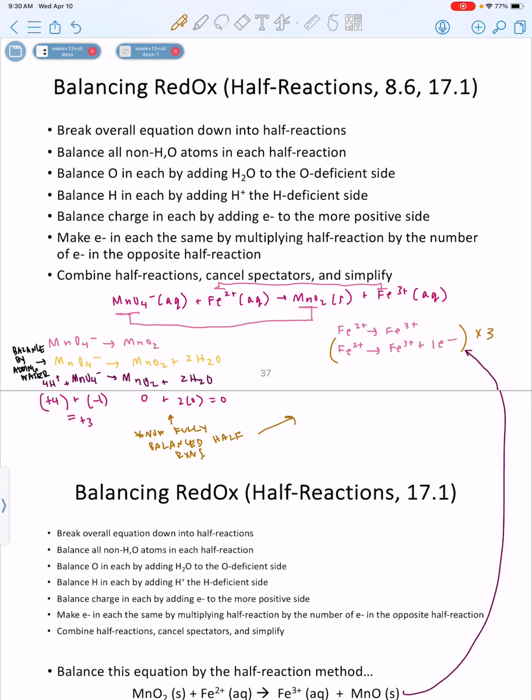So my first half reaction on the left, 3 electrons, 4 H pluses, permanganate, going to MnO2 and 2 waters, is powered by this reaction that happens 3 times. So now I have 3 Fe2 pluses going to 3 Fe3 pluses and 3 electrons.